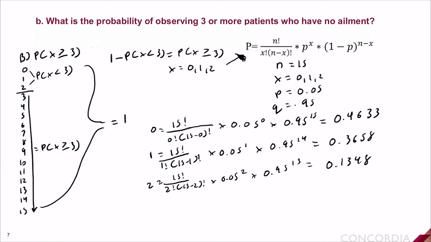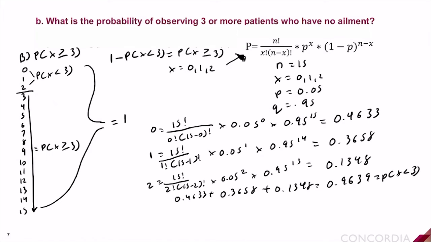We're going to add up our values. Which gives us a total of 0.9639, which is the probability of x being less than 3.